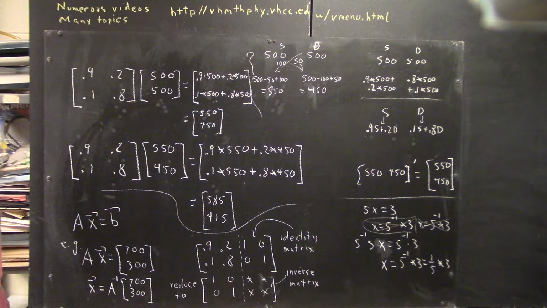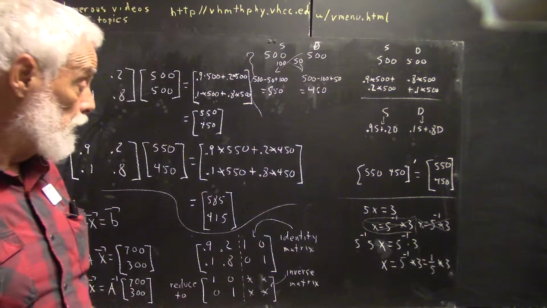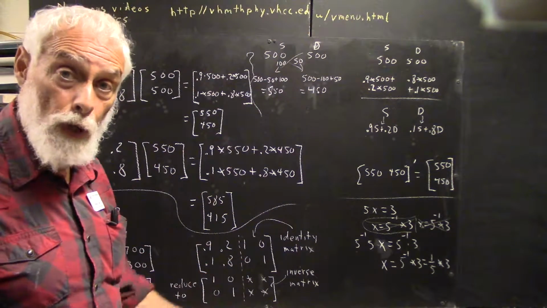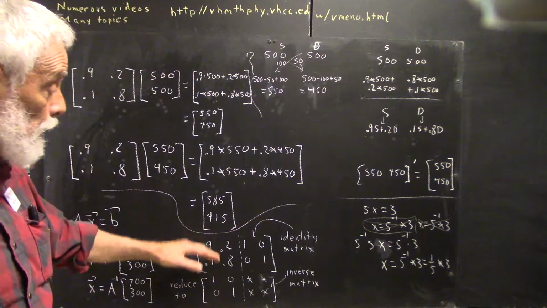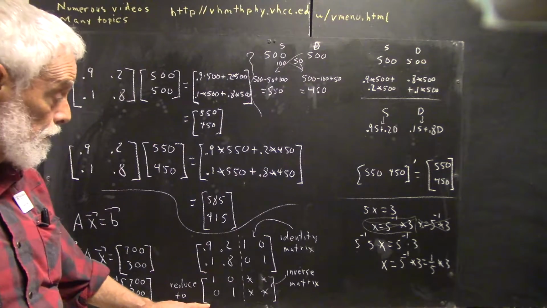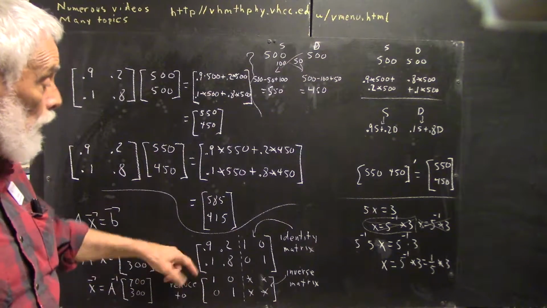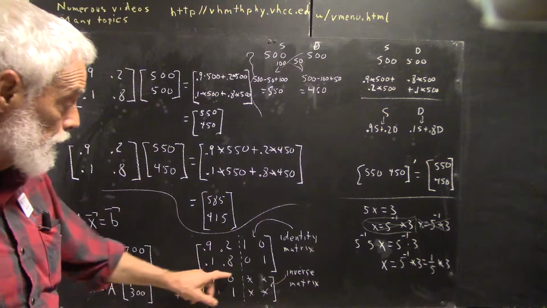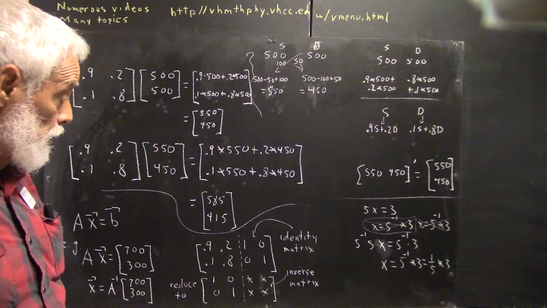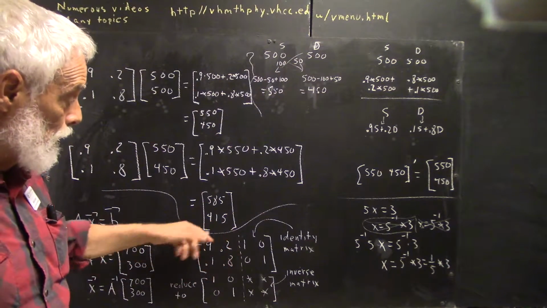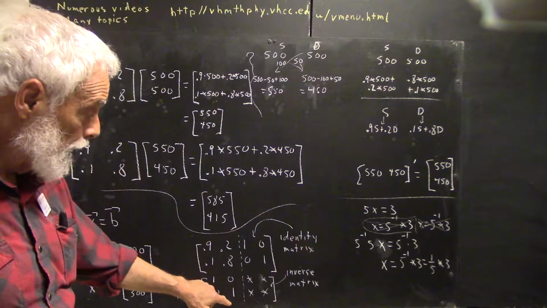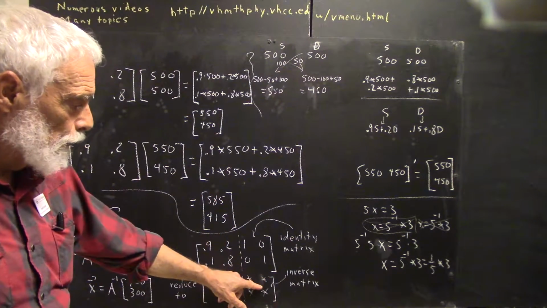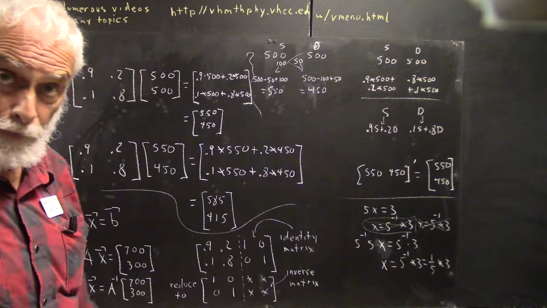Okay, now to get the inverse matrix, you know what to do. Once you set this up, you know how to do this. And all you do is you row reduce this matrix until you get this one. So by reducing these rows so that the matrix on the left becomes the identity, the matrix on the right will become the inverse.